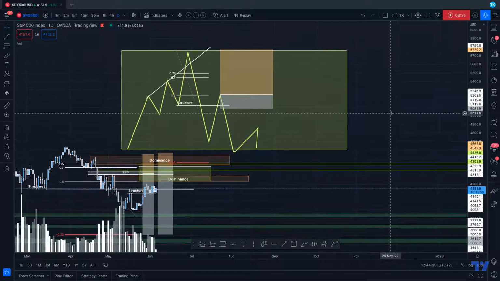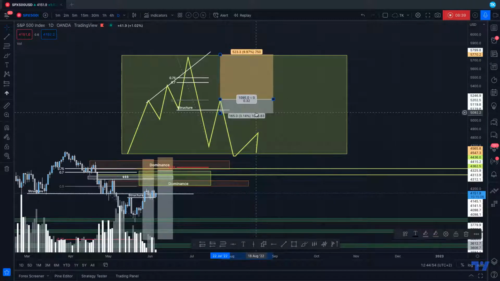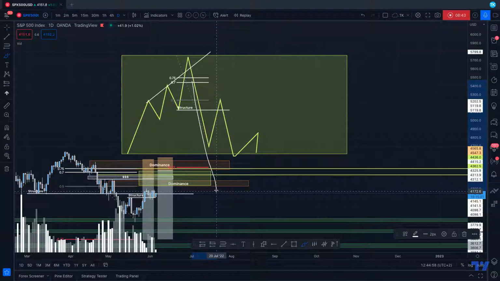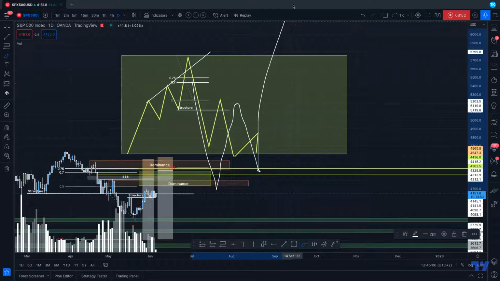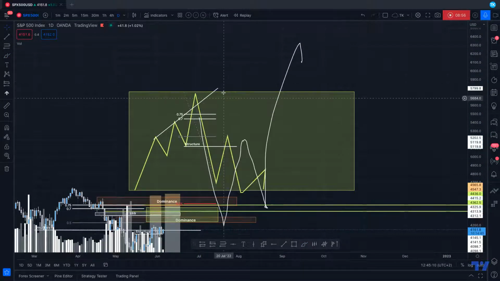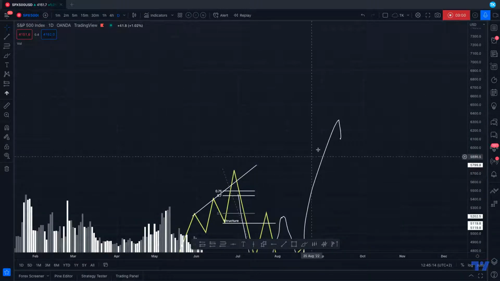Okay. The third scenario could be this one. So retracement, temporary profit, and then no, sorry, my drawings are not good.